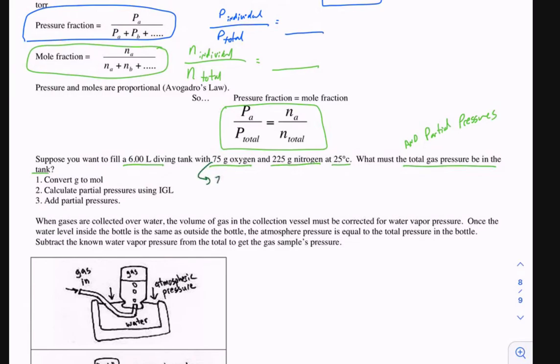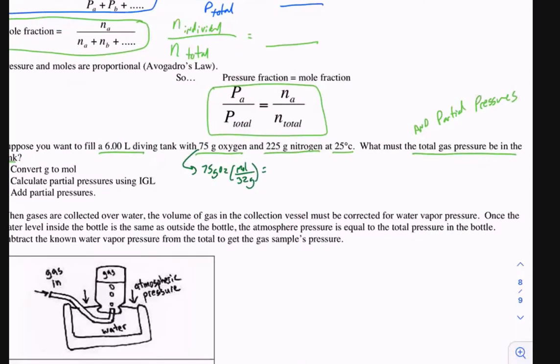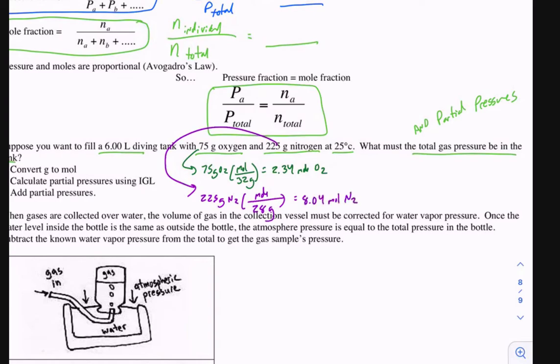So 75 grams, let's turn that into moles. All right, so I've got moles of both gases.